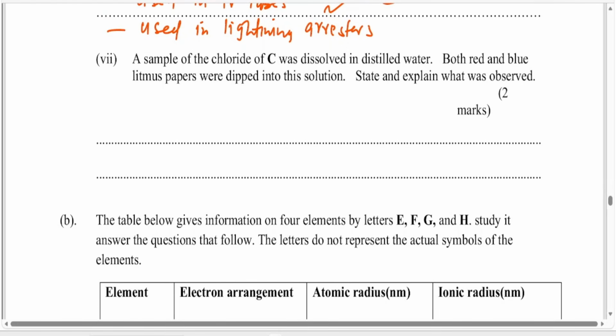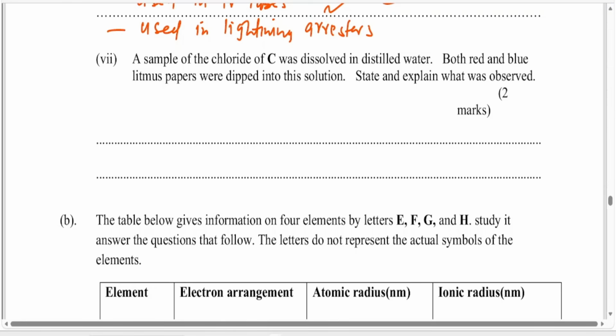What are we expected to see? Aluminium chloride dissolves in water to produce an acidic solution. So we say the blue litmus changed to red and red litmus remained red.